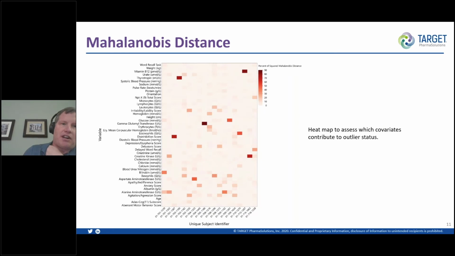And we could summarize the information in such a way that once we identify the different patients that have variables contributing to their residuals in a very meaningful way, we can create this heat map, for example, to see if there are certain covariates across the board that are contributing to patients being an outlier.